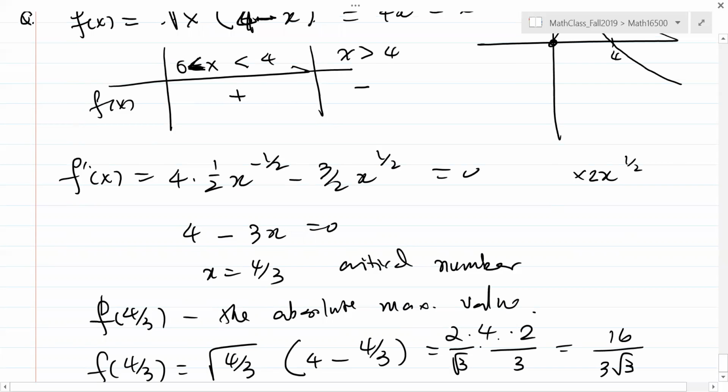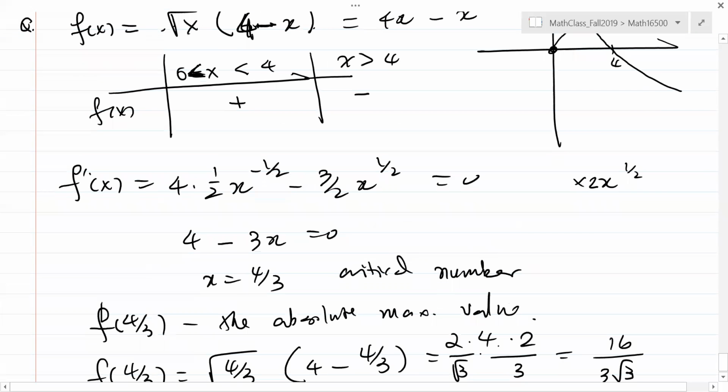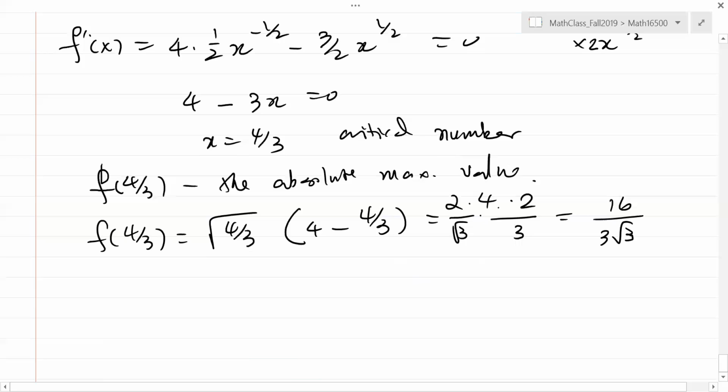So what else should we do? We already know the intersection points, right? We have to find the second derivative and determine if there's any inflection point.